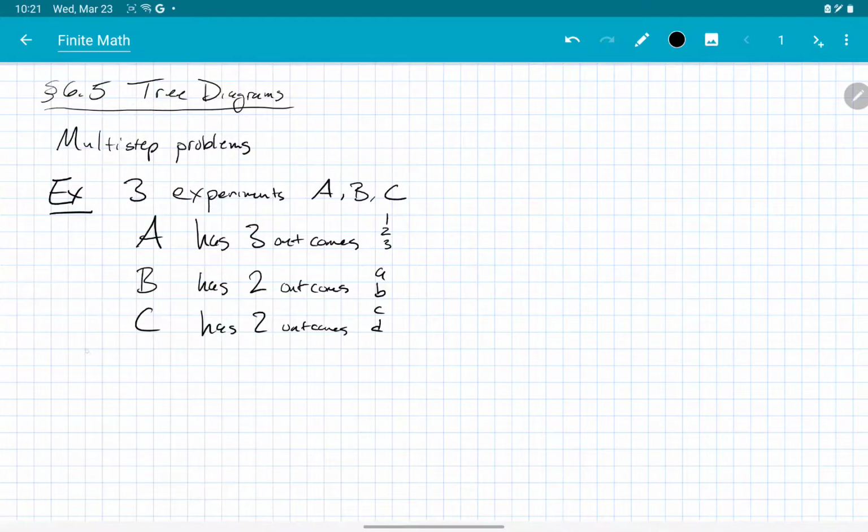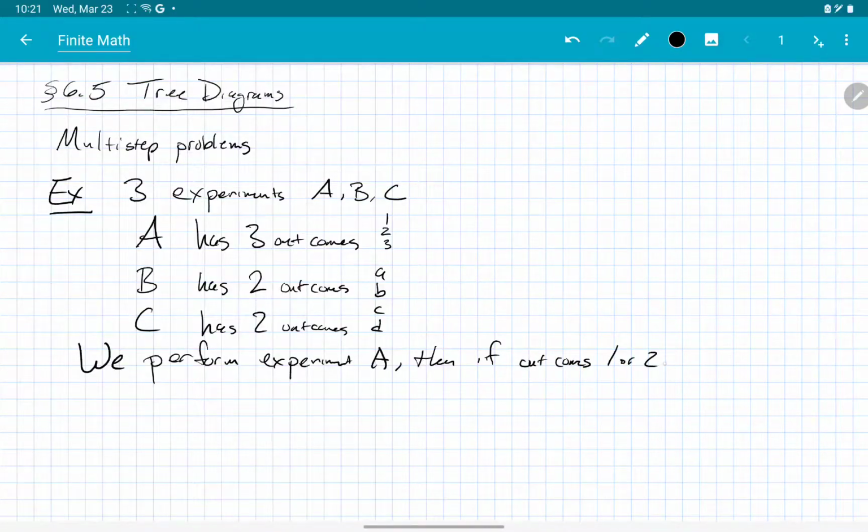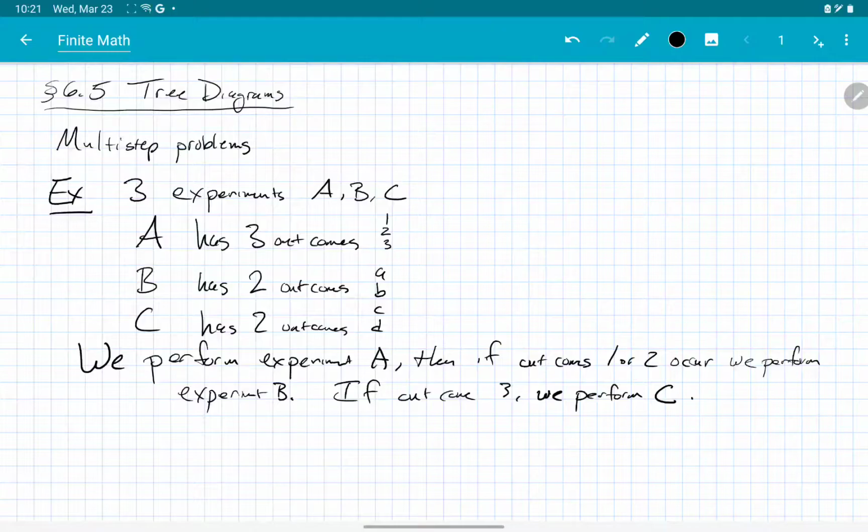Okay, so this is going to work in the following way. We will perform experiment A. Then, if outcomes 1 or 2 occur, we perform experiment B. If outcome 3, we perform experiment C. So you could think about this as kind of a decision tree.